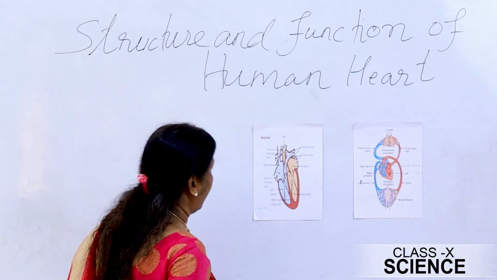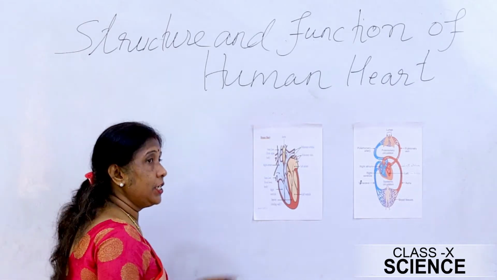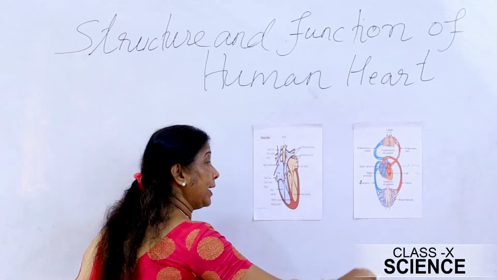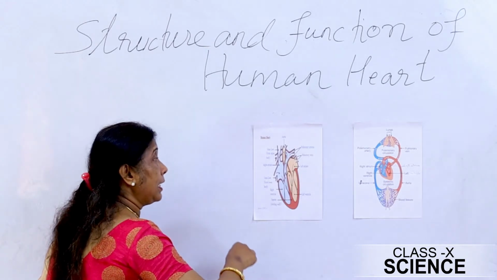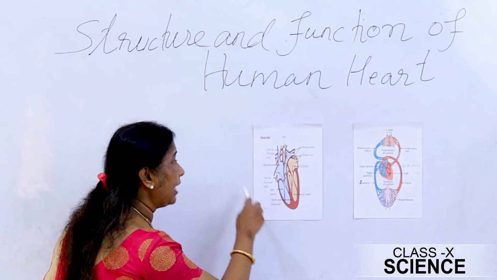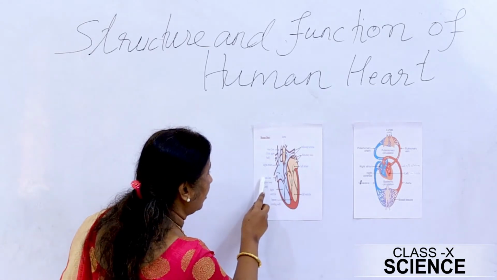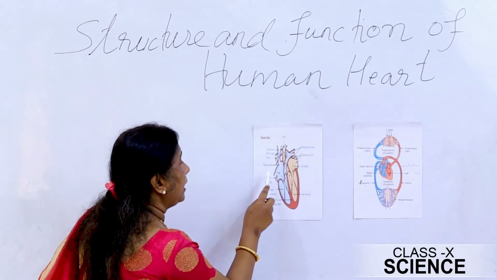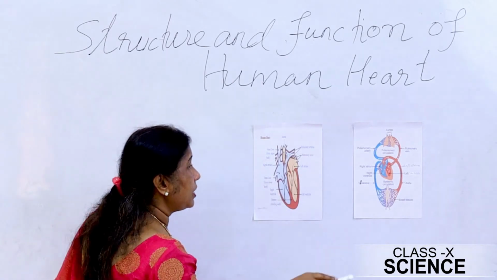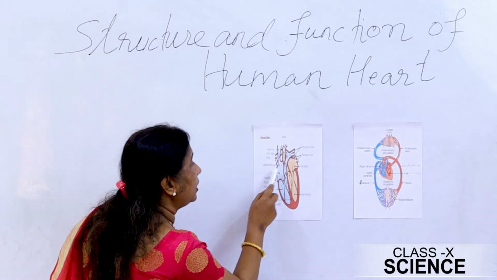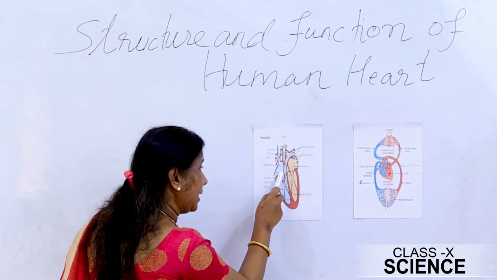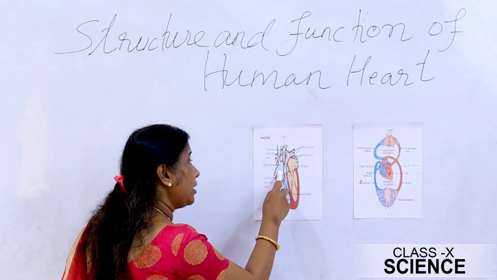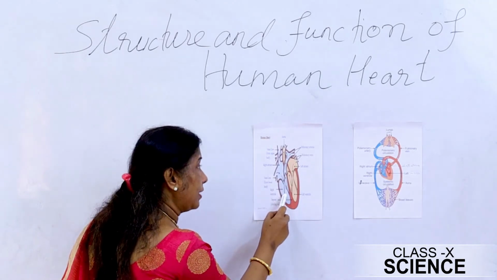Now see here what happens actually. The deoxygenated blood from the entire body will be carried through the veins, and that blood will drain into the vena cava, the superior vein, and through the vena cava the deoxygenated blood will be discharged into the right atrium. From the right atrium, this deoxygenated blood will move to the right ventricle.